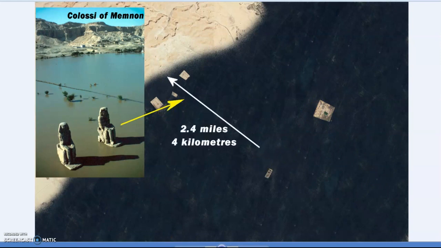Just as with Heliopolis, as we'll see, the flood extends 4 kilometers, or 2.5 miles, inland. So you want to know that the flood's coming, because you can live on the river the rest of the year, but when this comes, whatever possessions you have, or your very life itself, is going to be lost. So when the flood comes, it's very important, but also to be prepared ahead of time.